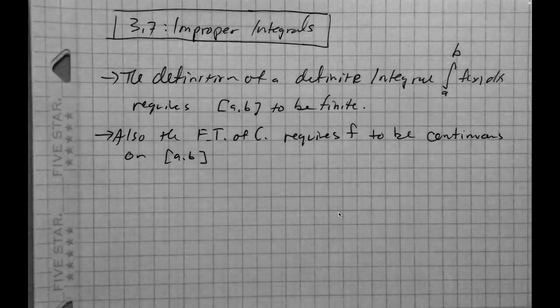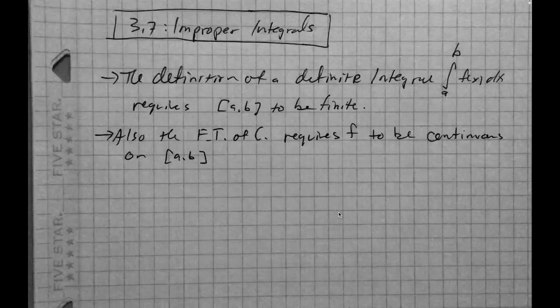The second thing is that to use the fundamental theorem of calculus, it's going to require f to be continuous on a, b, meaning there are no discontinuities, no sort of infinite gaps in the function or asymptotic behavior, any of that, over the region of integration.